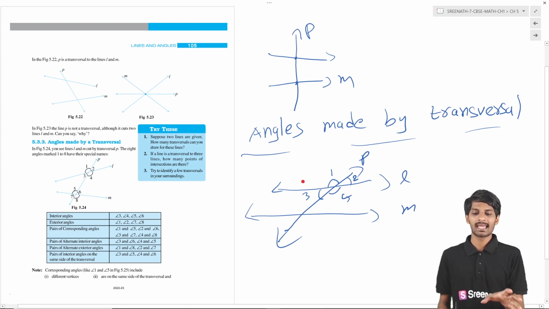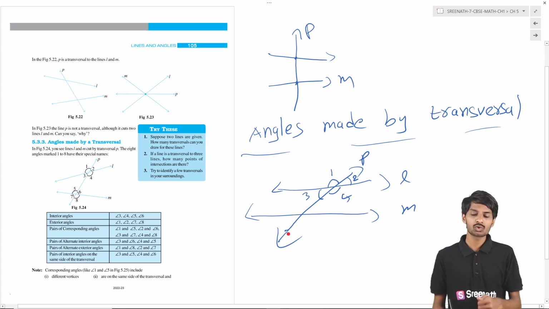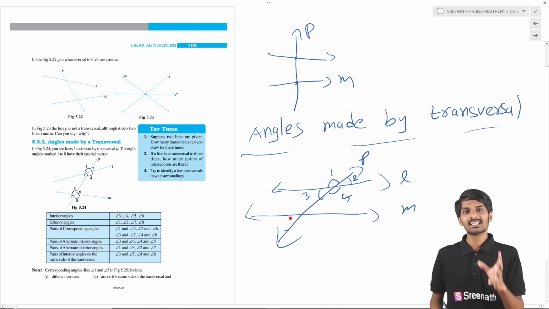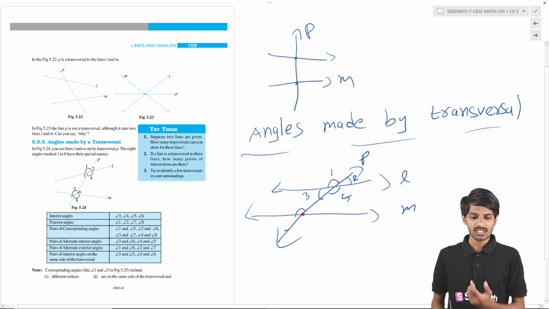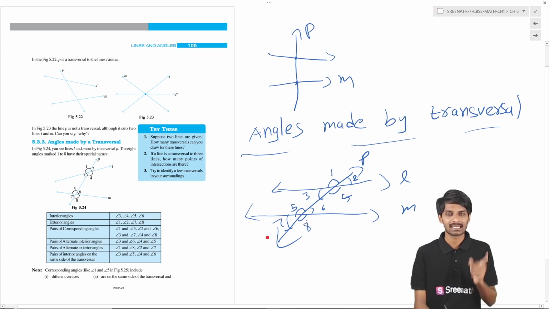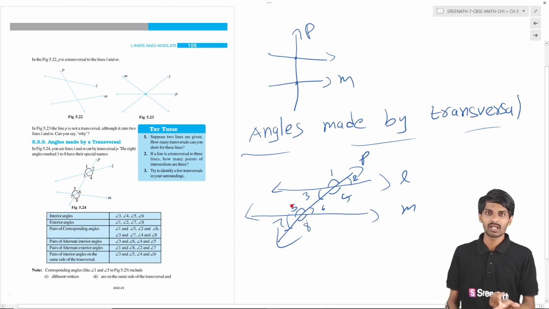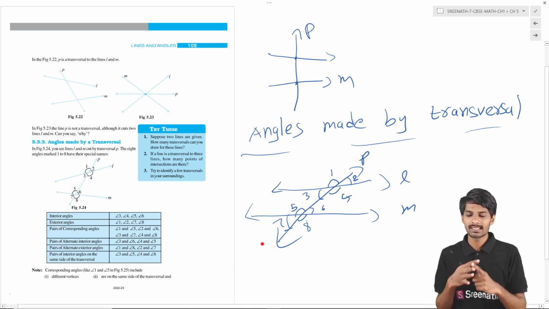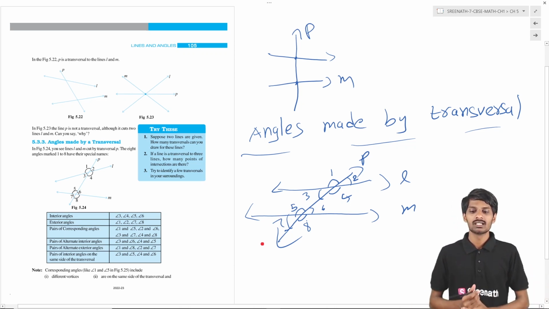Now remember the P line and the M line. When these 2 lines intersect, they will form angles. This is the angle, this is the angle, this is the angle, this is the angle. Now also name the angles. This is 5, this is 6, this is 7 and this is 8. So finally, whenever a transversal is intersecting 2 lines at different points, it will form angles.